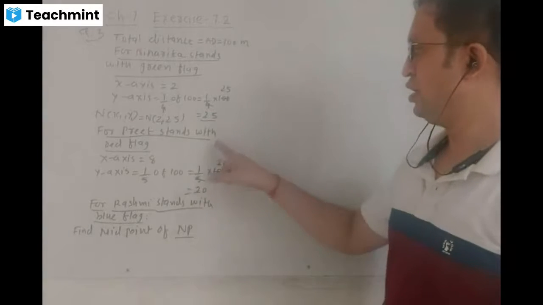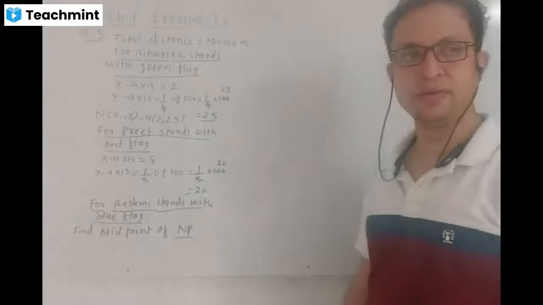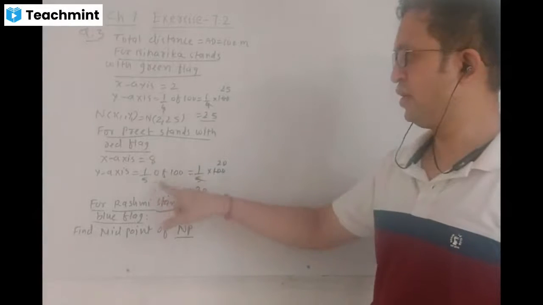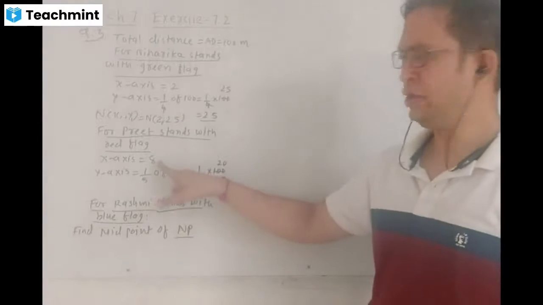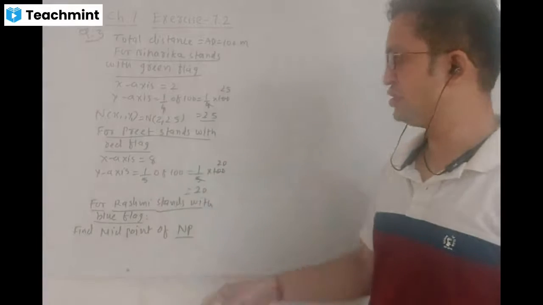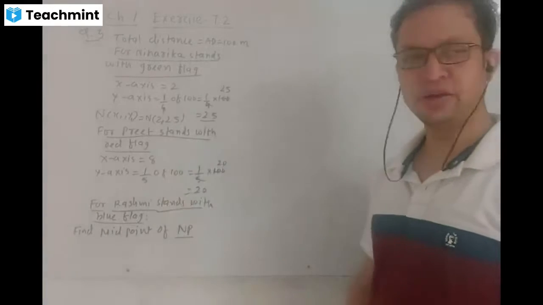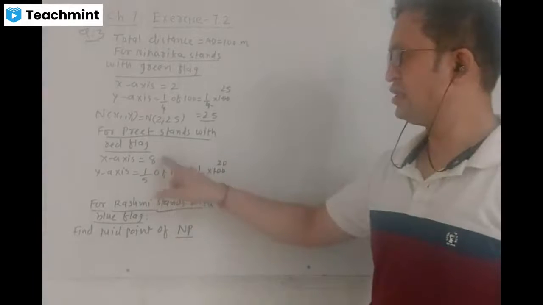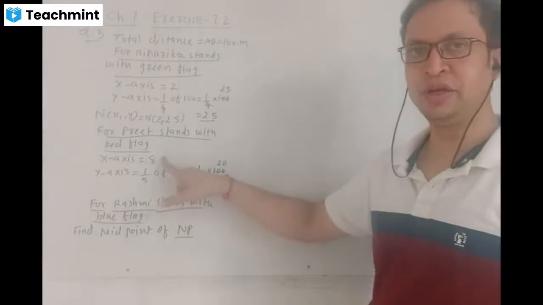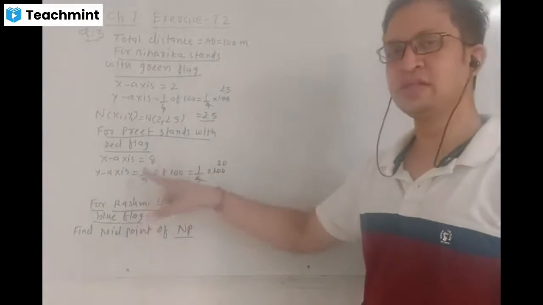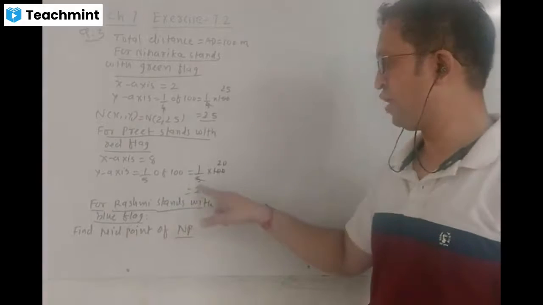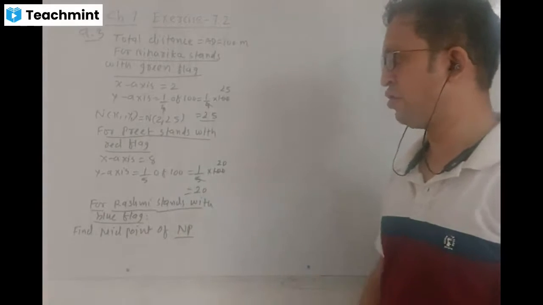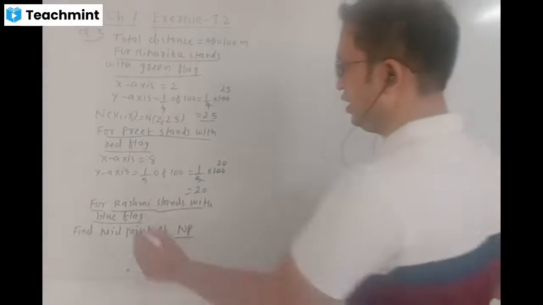Preet stands with the red flag on the 8th line, at 1/5 of the distance AD. So the x-axis is the 8th line, and the y-axis is 1/5 of 100. 1/5 multiplied by 100, therefore the y coordinate is 20.